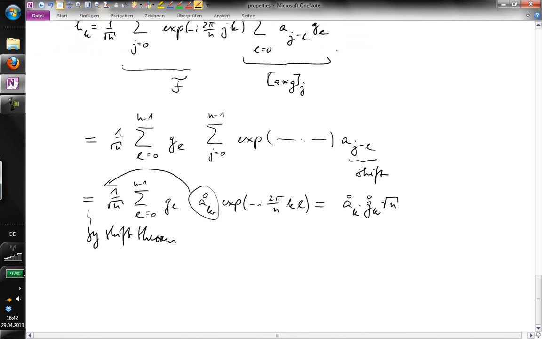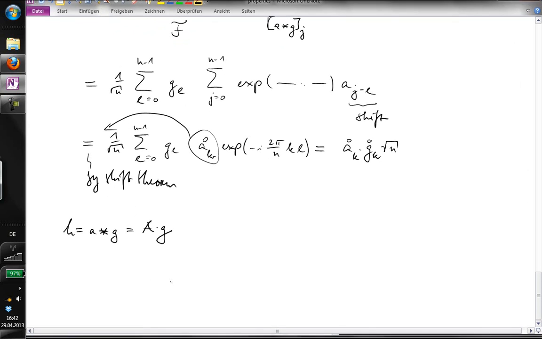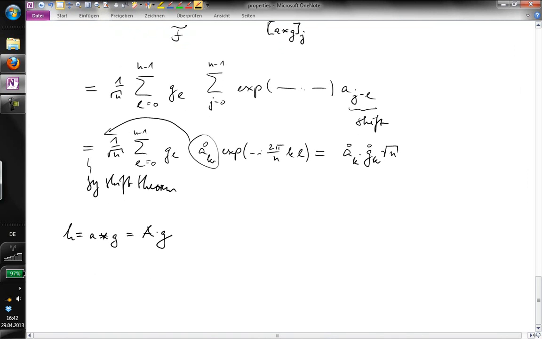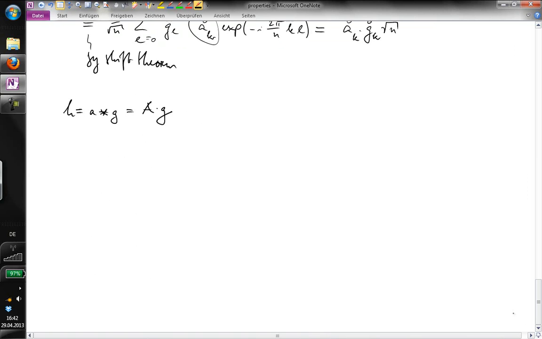I will now show you an argument that I prefer in terms of the matrix notation. So again, H is the desired output. And the Fourier transform of H we can write in terms of the adjoint of this matrix of Fourier coefficients.